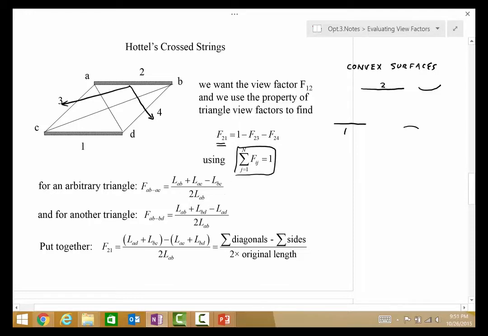It can be shown relatively easily that for an arbitrary triangle, FAB to FAC is equal to a relationship dependent on the lengths of AB, AC, and BC, where BC is this diagonal. So what we're really doing is formulating two triangle relationships: one triangle which is ABC, and another triangle that's ABD.